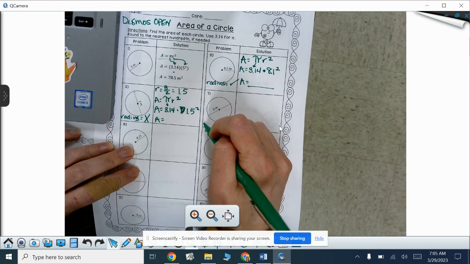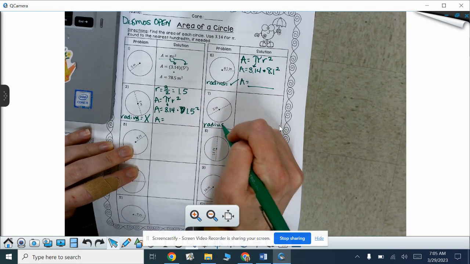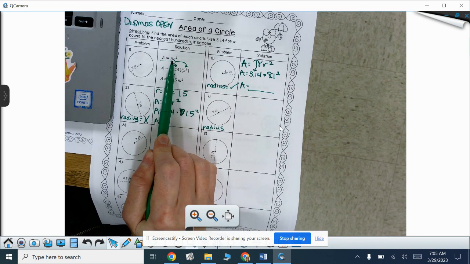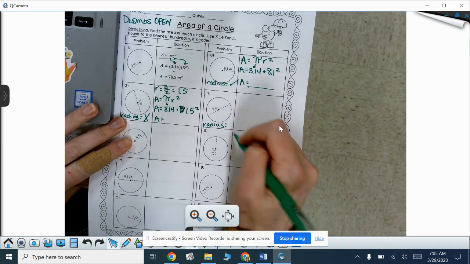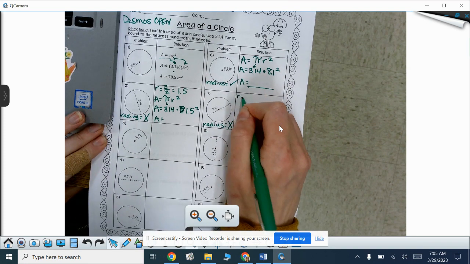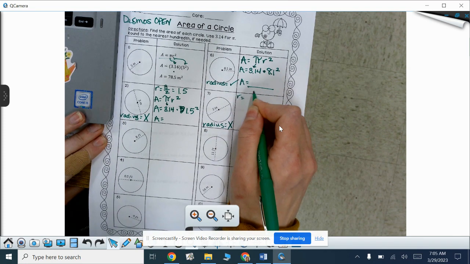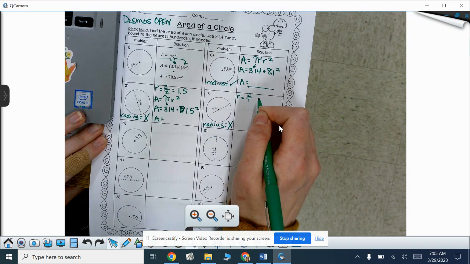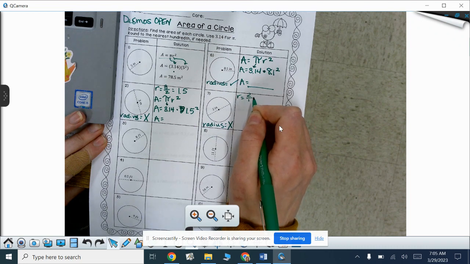All right, let's do our little radius check. Because remember, if we want the area, we have to have the radius. Do I have my radius? No, I do not. I need to get my radius. My radius is half of my diameter. 2 divided by 2 is going to be 1.